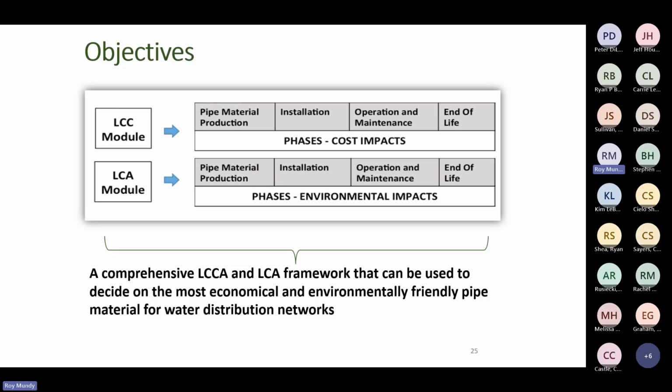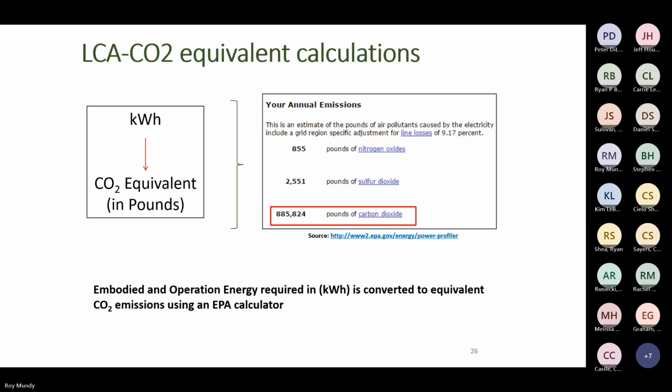Now we come back again to the life cycle assessment module. And this is where the University of Michigan specifically got into, if you will, the carbon footprint. The carbon footprint is something that honestly, we of course serve the entire country.